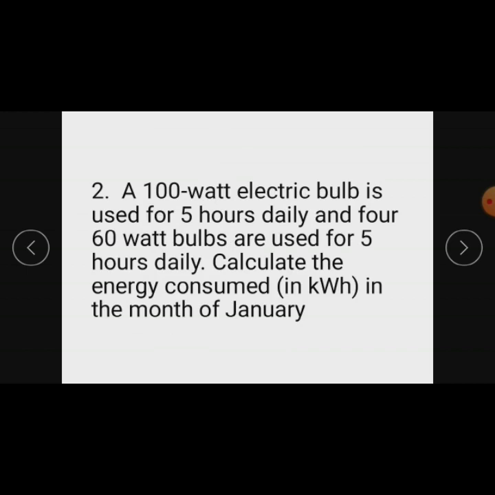Question number 2. A 100 watt electric bulb is used for 5 hours daily and 4 60 watt bulbs are used for 5 hours daily. Calculate the energy consumed in kilowatt hour in the month of January.